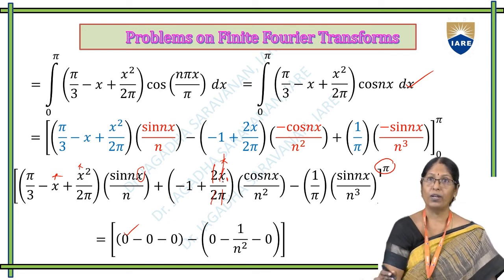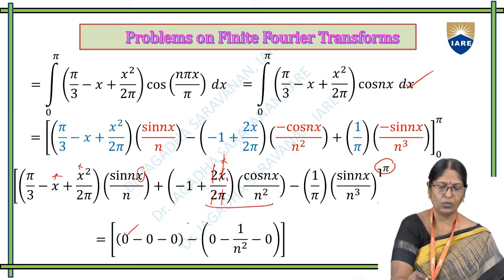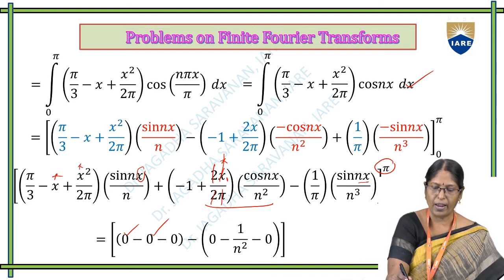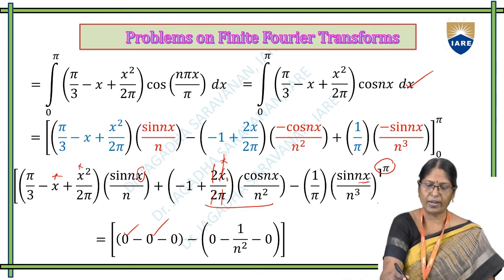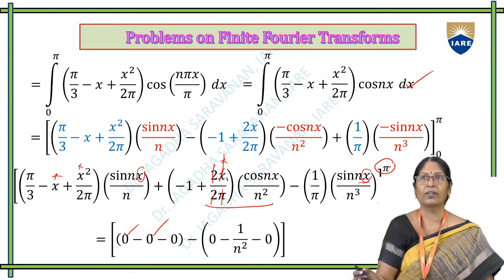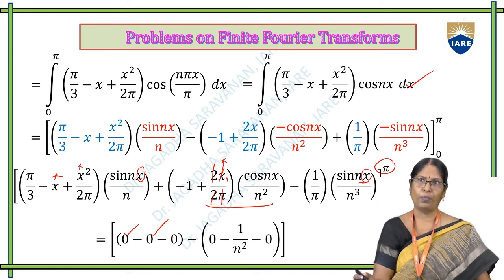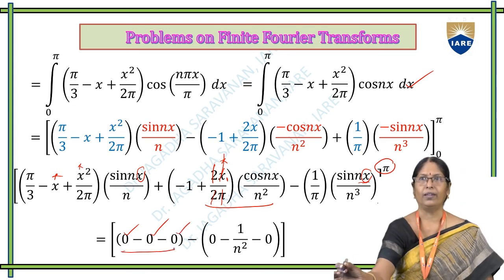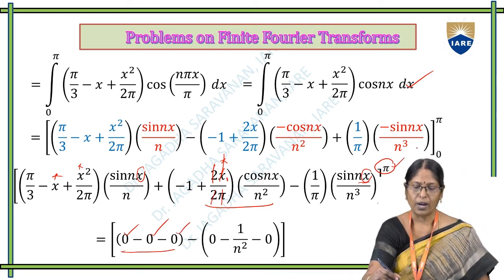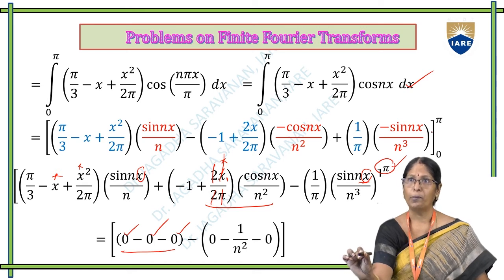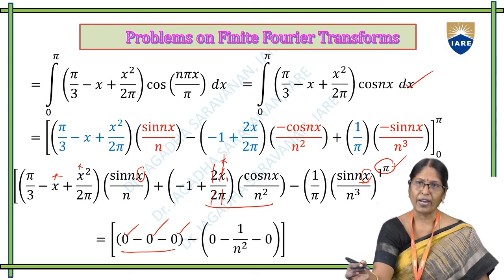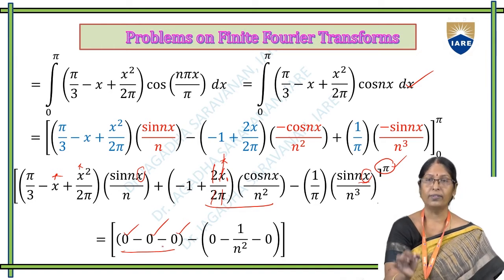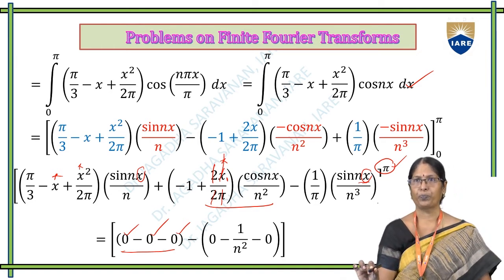Minus 1 plus 1 is 0, so this is also 0. Third one, sine n pi. In the place of x we are substituting the upper limit value pi. So sine n pi, and we got this result as 0.